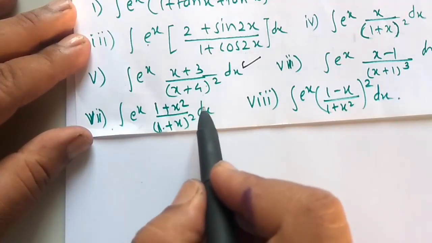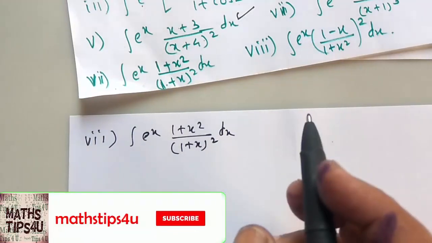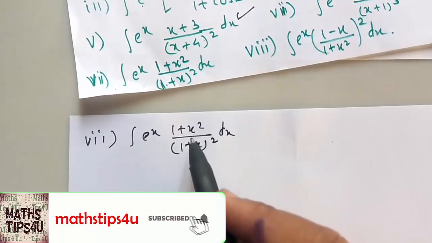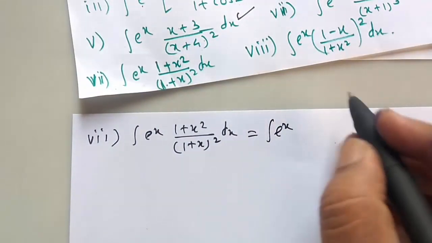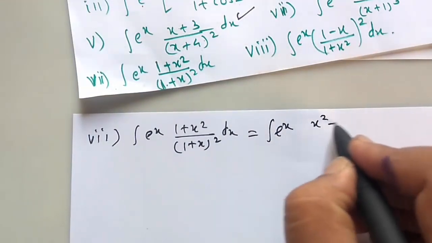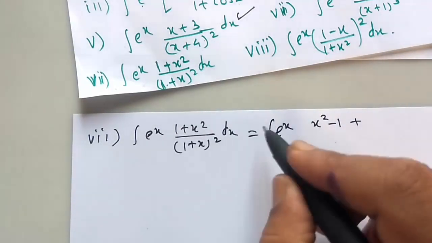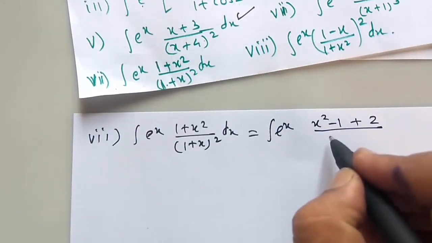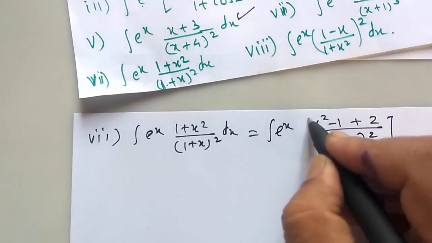Example number 7, integration of e raised to x, (1 plus x square) upon (1 plus x) whole square dx. Now add minus 1 and subtract minus 1. So it is equal to integration of e raised to x, (x square minus 1) and adding 1 plus 1 it becomes 2, upon (1 plus x) whole square dx.